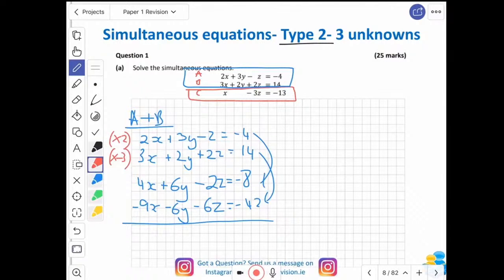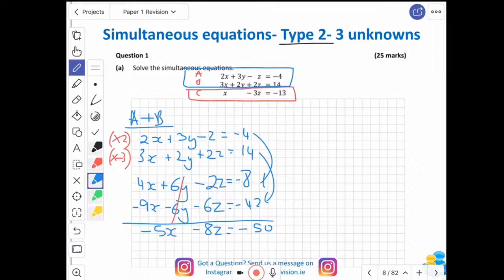You're just adding the variables going down. So that's going to give you 0 straight away. Then I'm going to have minus 5x minus 8z is equals to minus 50. Okay, so that's your second equation: minus 5x minus 8z is equals to minus 50.